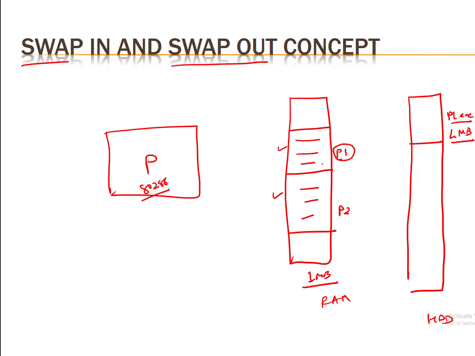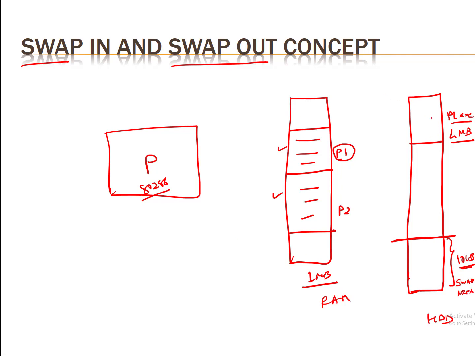So what swap in and swap out does is allocate a special extra segment of the hard disk drive, maybe 10 GB, as a swap area.